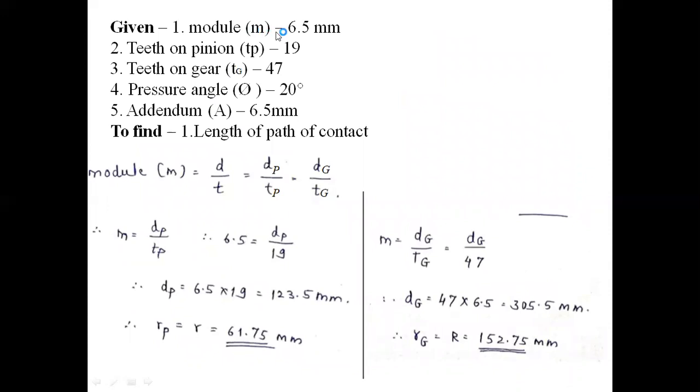Module is given as 6.5 mm for pinion and gear. The number of teeth of the pinion is not given in the question, but the teeth of the wheel, 19 and 47, are given.